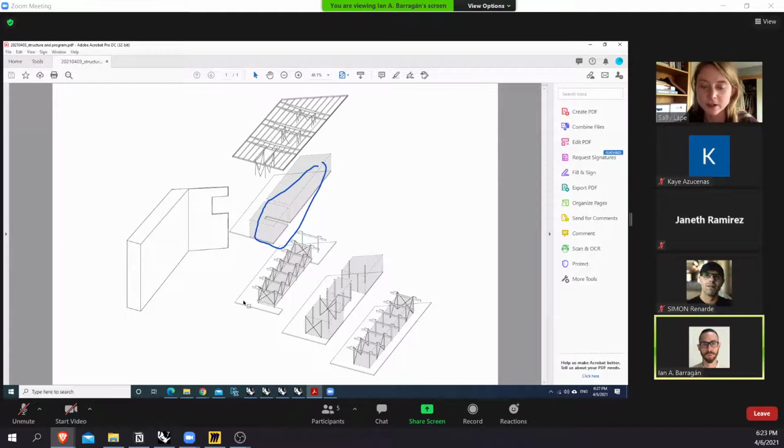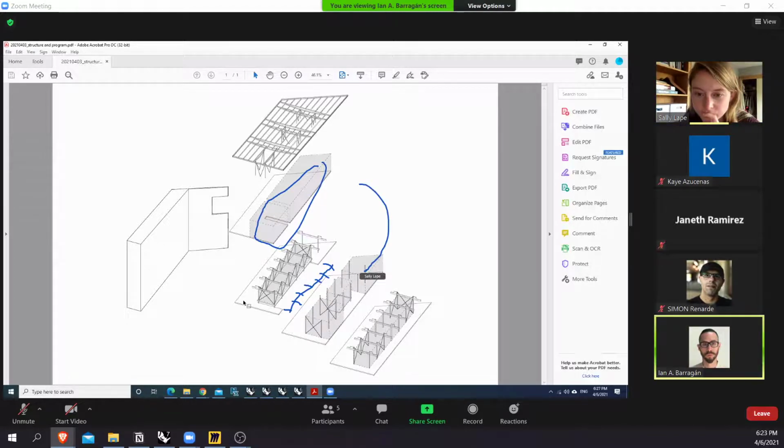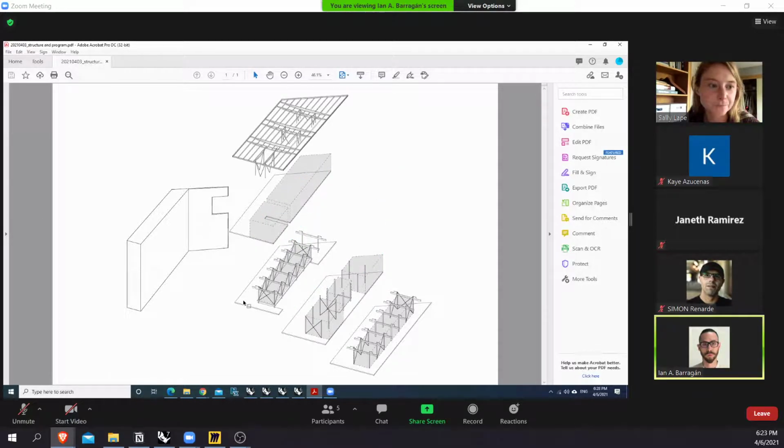So if you make it a little bigger and add callouts, and it'd be nice to have bay dimensions, a combination of dimensions, annotations, callouts, then yeah, I think this would be fine.